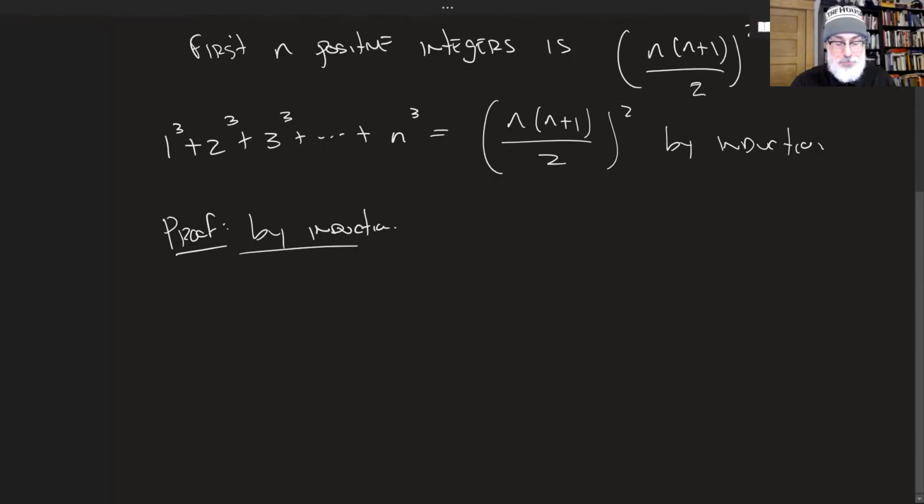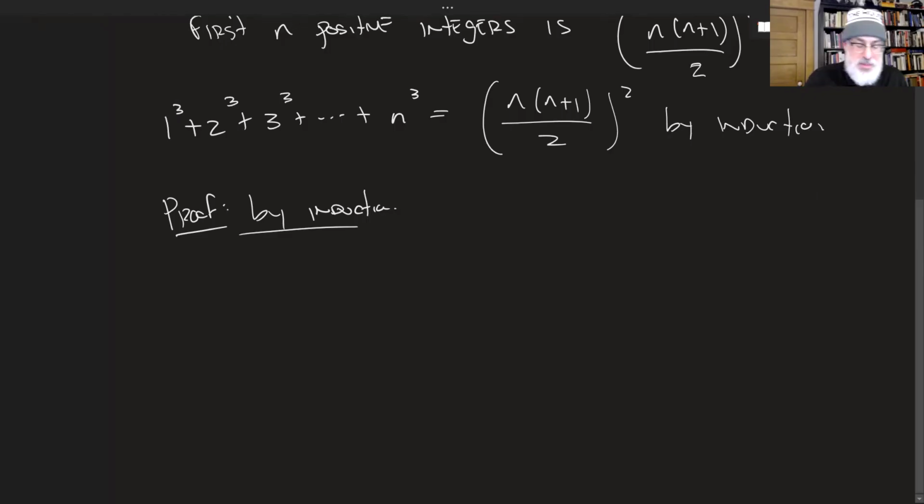Okay, so we begin this with the base case. The base case is just the first integer in this sum on the left, which is 1. And then we're going to replace n on the right-hand side with 1 and see if the left-hand side and the right-hand side are equal, which means the base case holds.